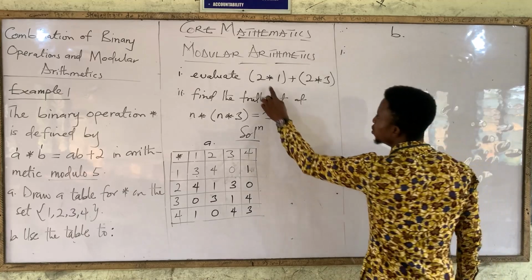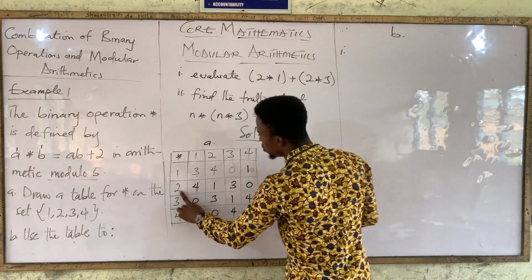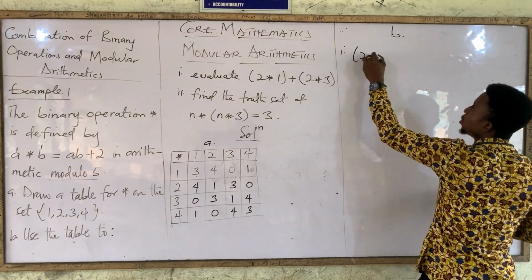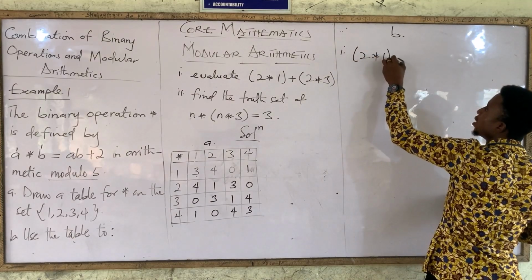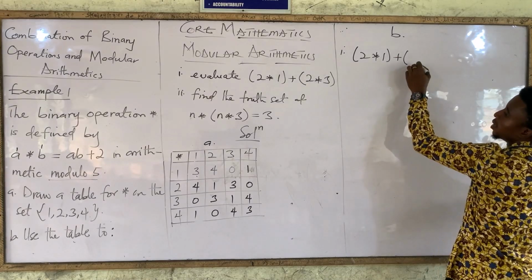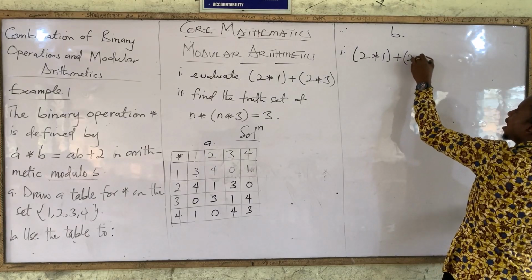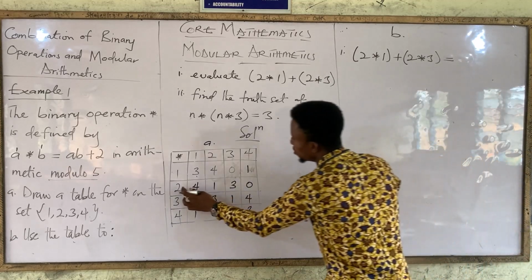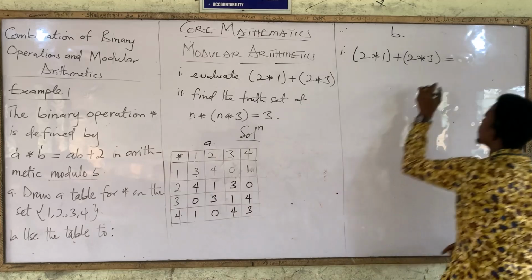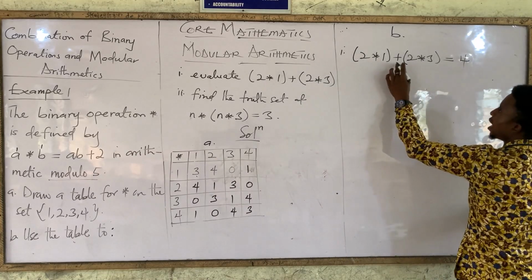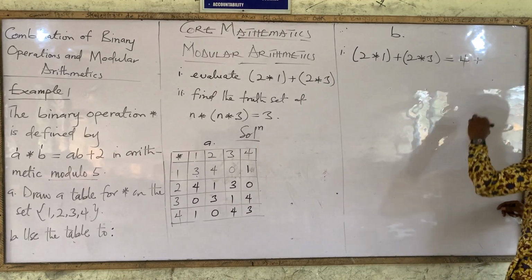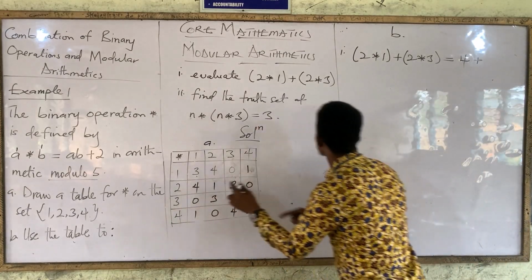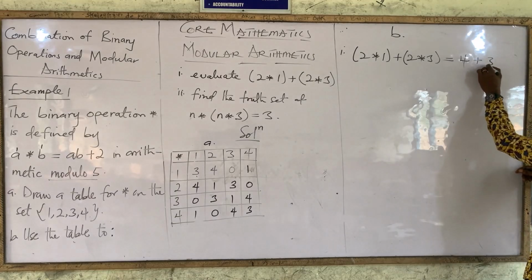So let's see. Let me write it. 2 star 1 plus 2 star 3. So 2 star 1 is equal to 4. So I put the 4. Then I have plus, then now I have 2 star 3. 2 star 3 is also giving me 3.